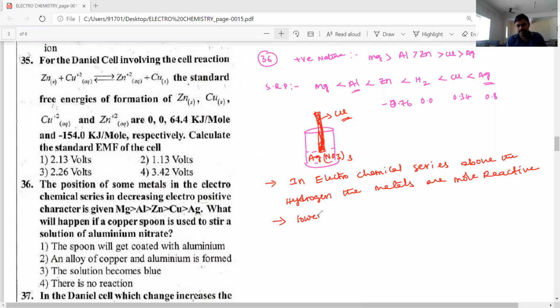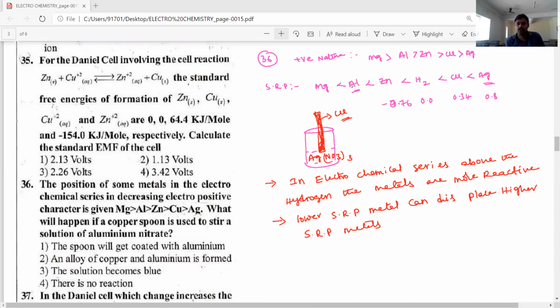Lower SRP metals can displace higher SRP metals. Let's see according to that.